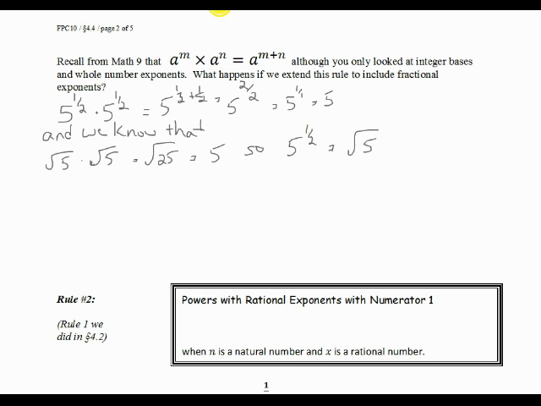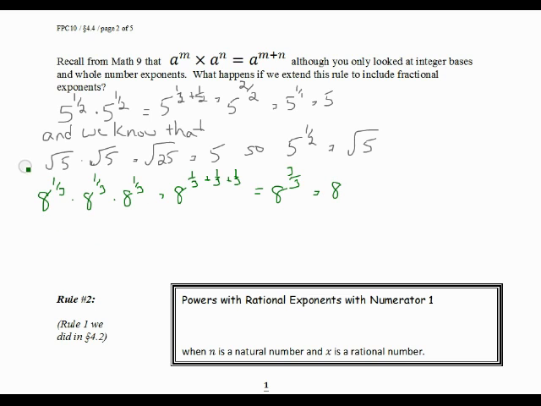I'm going to do the same thing with the cube root. 8 to the 1/3 times 8 to the 1/3 times 8 to the 1/3. That equals 8 to the 1/3 plus 1/3 plus 1/3, which equals 8 to the 3 over 3, which is just 8.